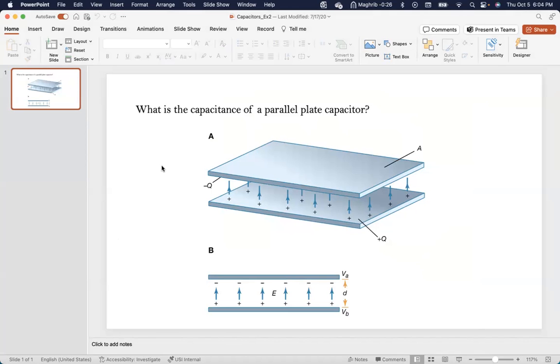To make this simpler, these plates are separated by D, and this is my potential at A and this is my potential at B. We're going to integrate from A to B, because B is the high potential side and A is the low potential side, and both plates have exactly the same area.